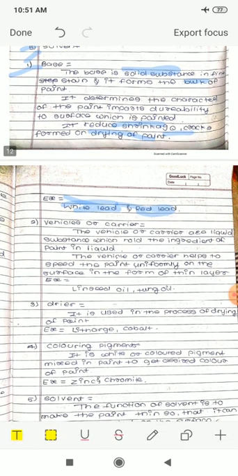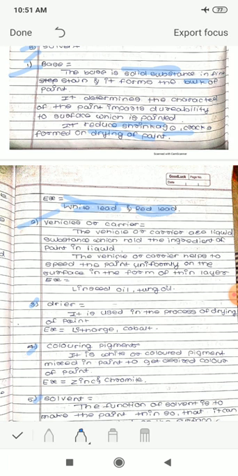Next one, vehicle or carrier. Carrier means what? The vehicle or carrier is one of the liquid substances to carry all the other ingredients such as base, dryer, coloring pigment and solvent. It holds these ingredients and helps to carry them.